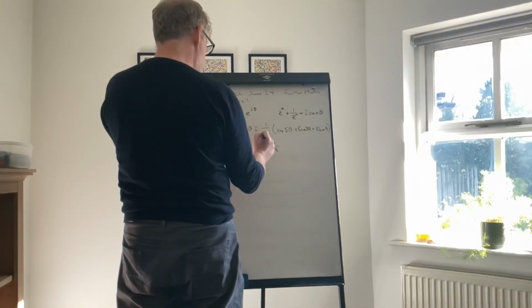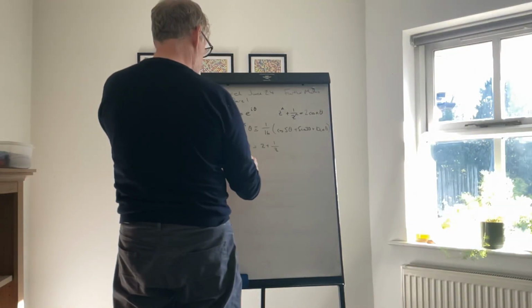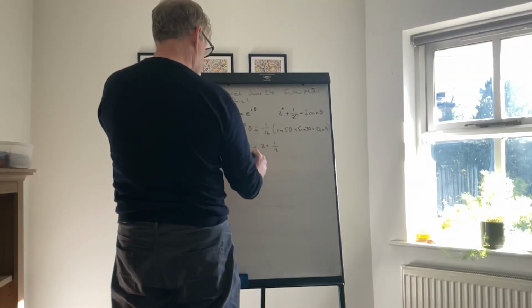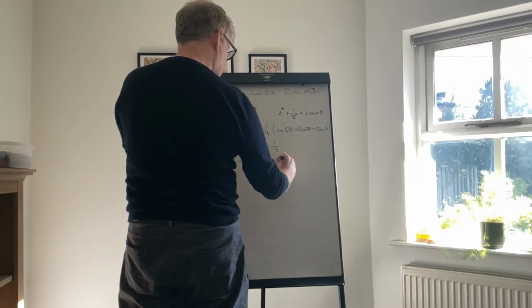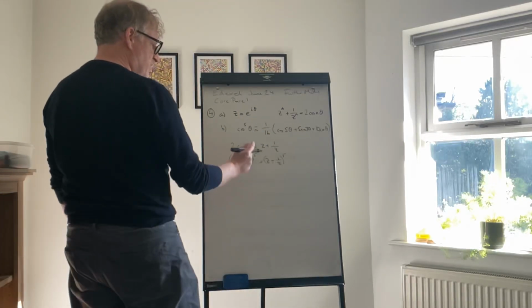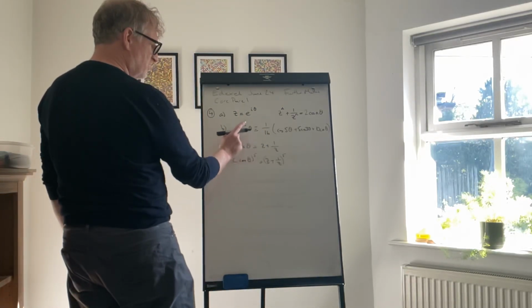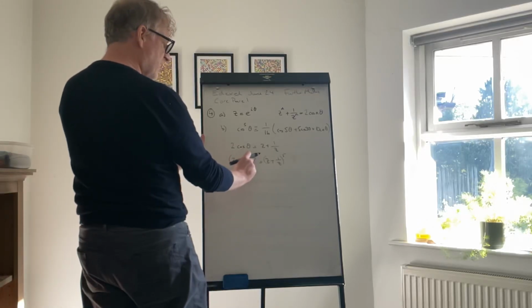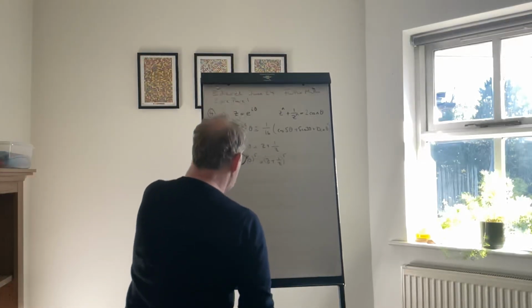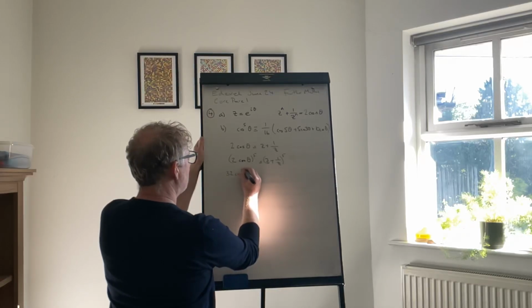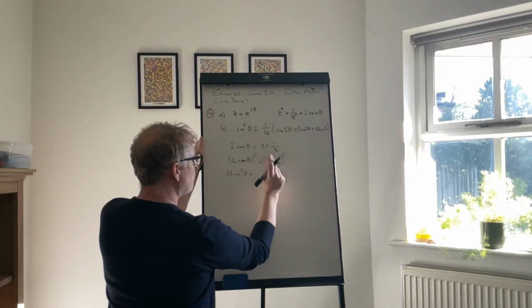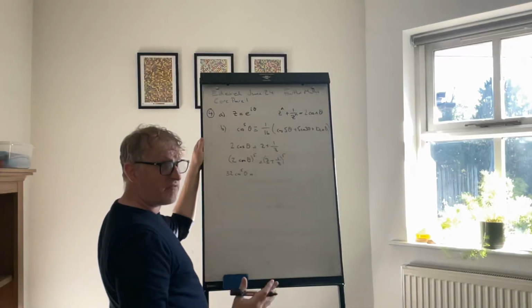So if we raise this to the power of 5, 2 cos theta to the power of 5 will be z plus 1 over z to the power of 5. We do that because we're going to get a nice cos to the power of 5 theta, but also 2 to the power of 5. So that gives us 32 cos to the power of 5 theta is equivalent to z plus 1 over z to the power of 5.